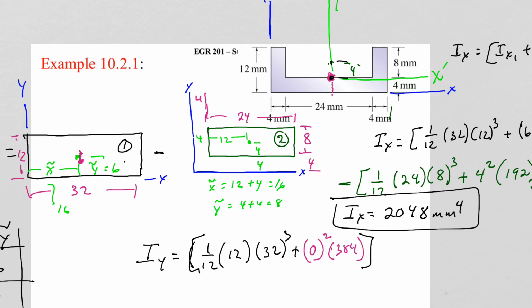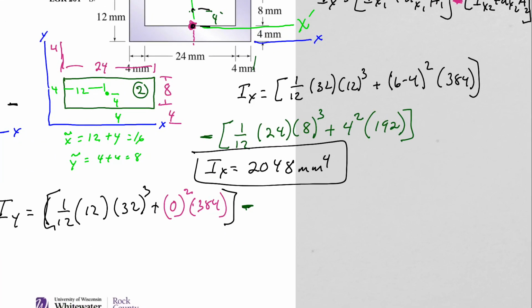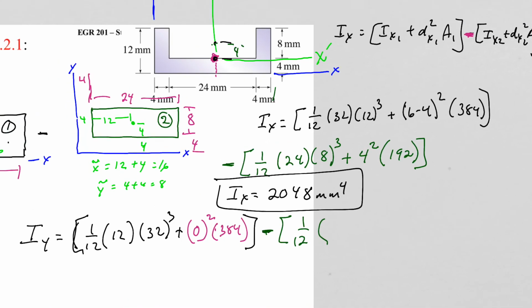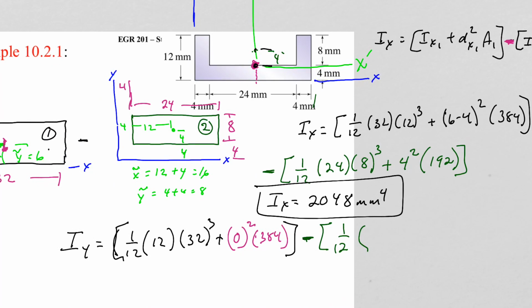Now let's look at the subtraction part. Let's take the green part and subtract that out. Again we have 1/12 times the base, or in this case the height, which is 8, times 24, the base, cubed, depending how you look at that.